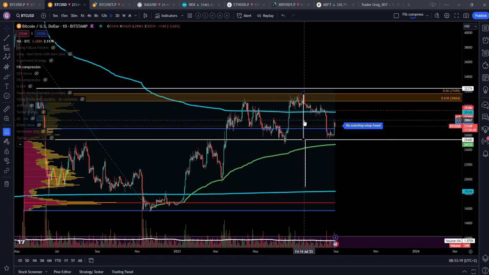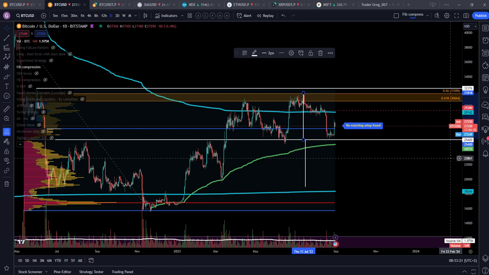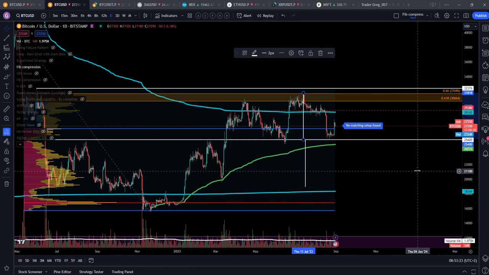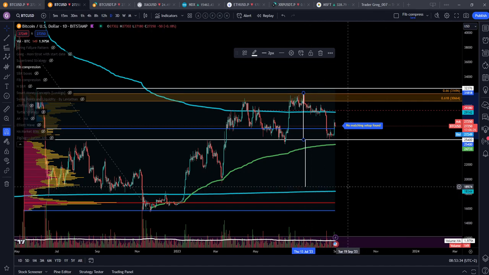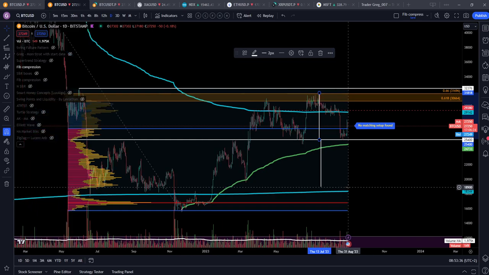So when we measure the distance from this white line, which is on the Bitstamp chart at 25,400, up to the most recent high, and then we draw this line down, we end up around 19K.